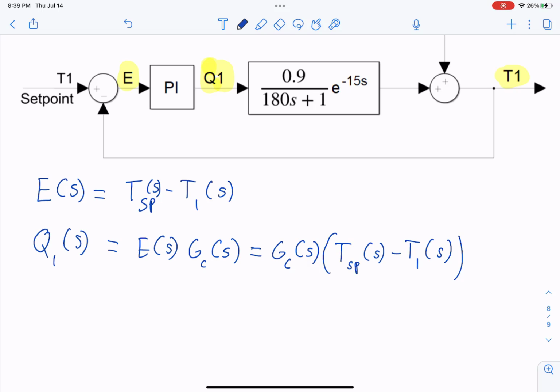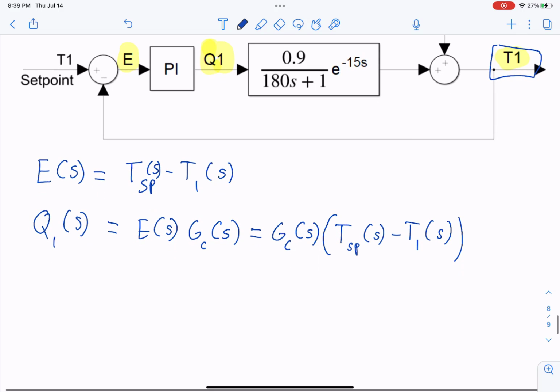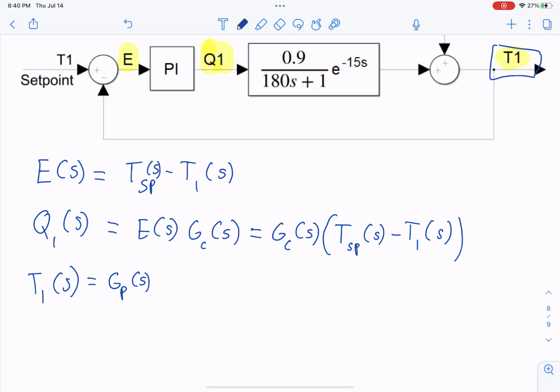Okay, now what is T1? Well, we're going to do the same process we did before. T1(s) is equal to gain of the process(s) times Q1(s). That is equal to gain of the process(s) times gain of the controller(s).